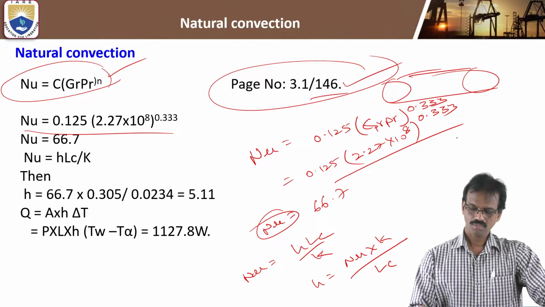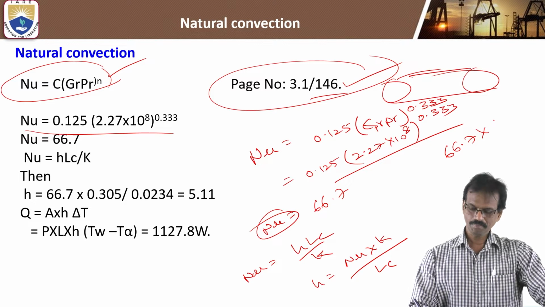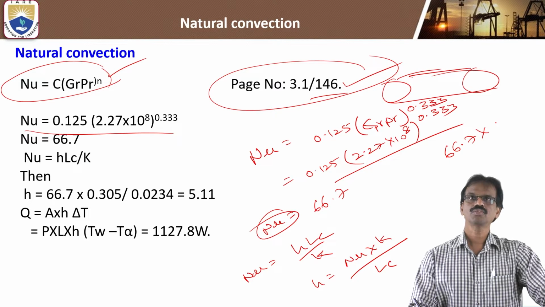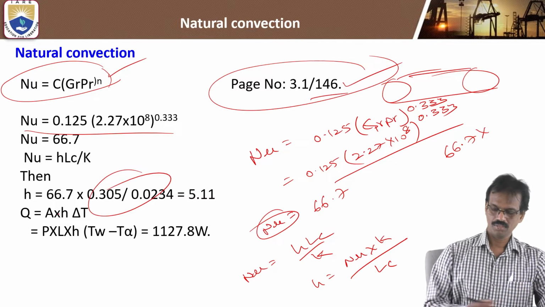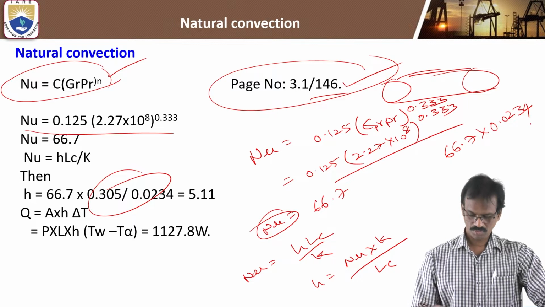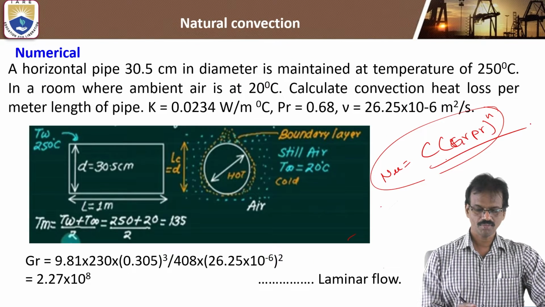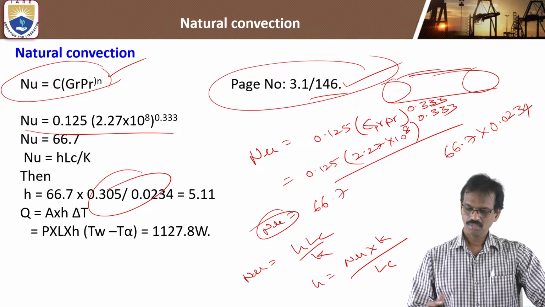So Nusselt value is equal to 66.7 into thermal conductivity k, and the value of k, you can see here, thermal conductivity k is equal to 0.0235, divided by characteristic length LC.